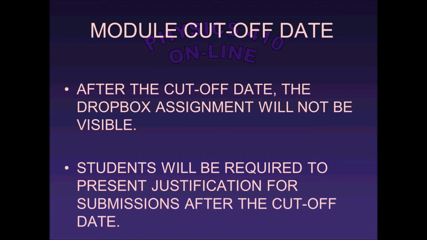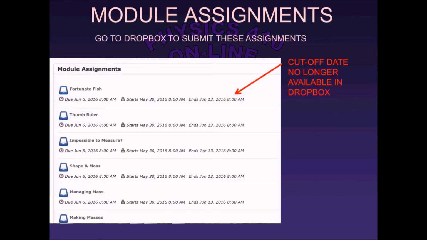But the problem is that if it's not visible in Dropbox, then we'll have to negotiate on how you do that. Usually that's done via email. You send me an email message with your assignment PDF file sent directly to me that way, okay? All right, but you'll have to provide good justification for that, okay?